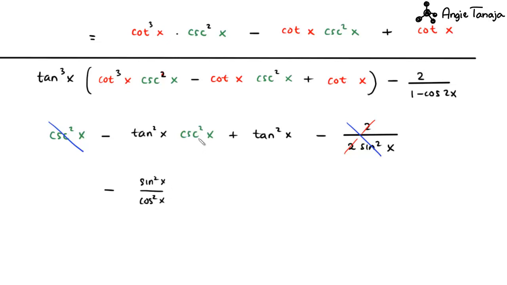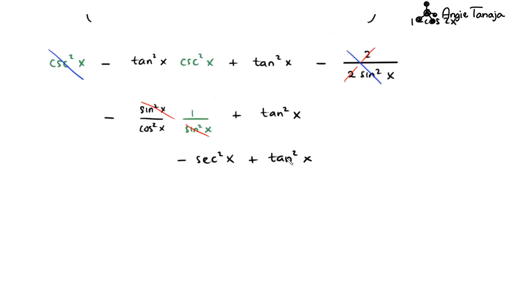Cosecant is 1 over sine square x. So then this will be negative secant square x. And this is identity.